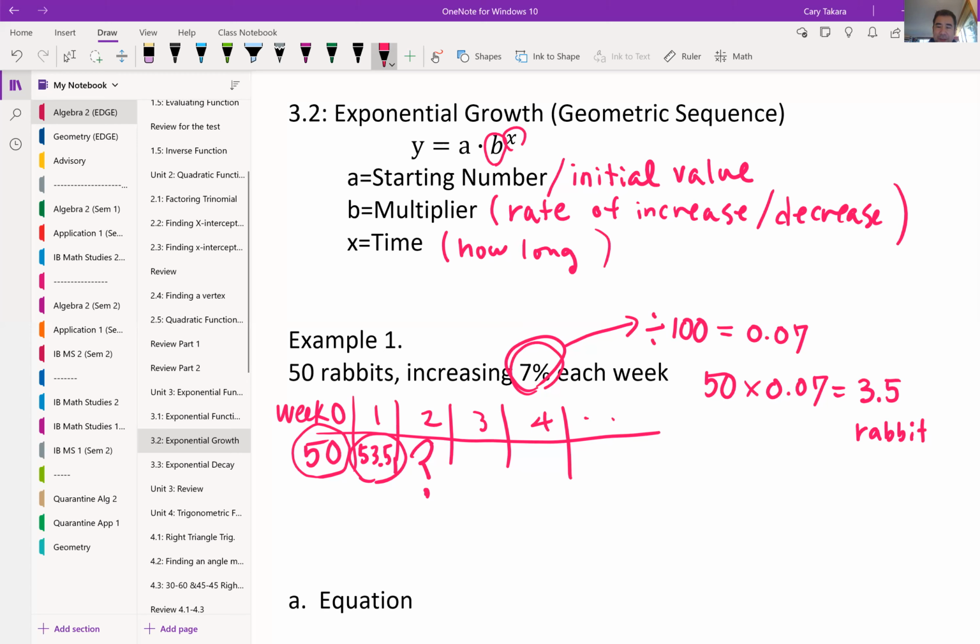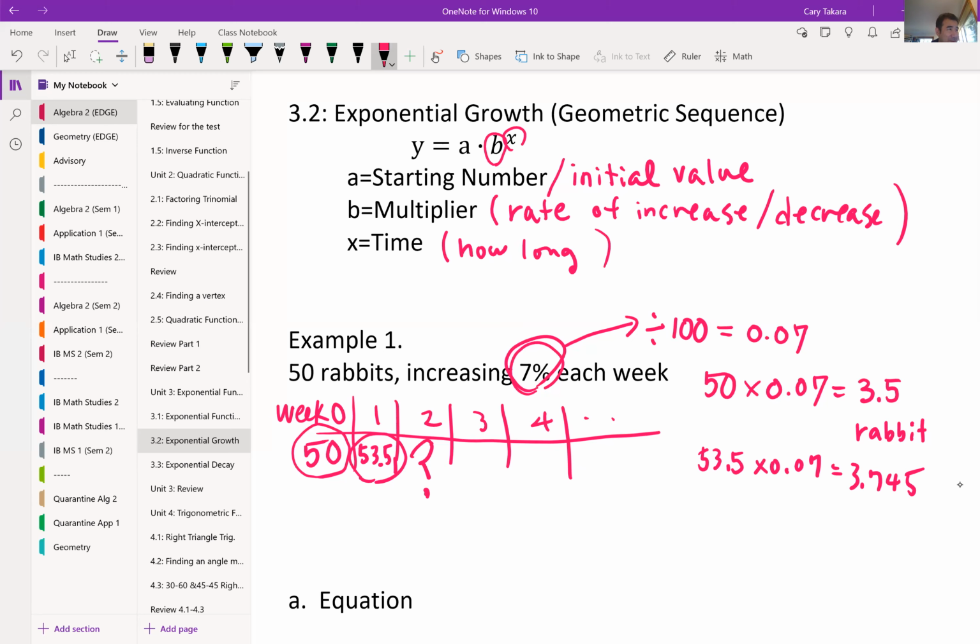So if you have 53.5 times 0.07, what do we get? You're going to get 3.745 rabbits more. So you're going to have not just 3.5 rabbits more, but a little bit more than before.